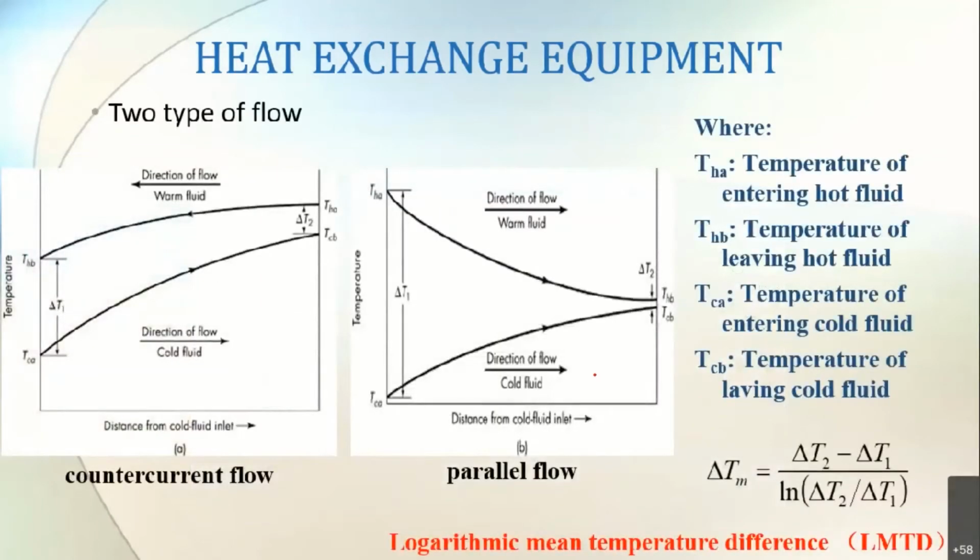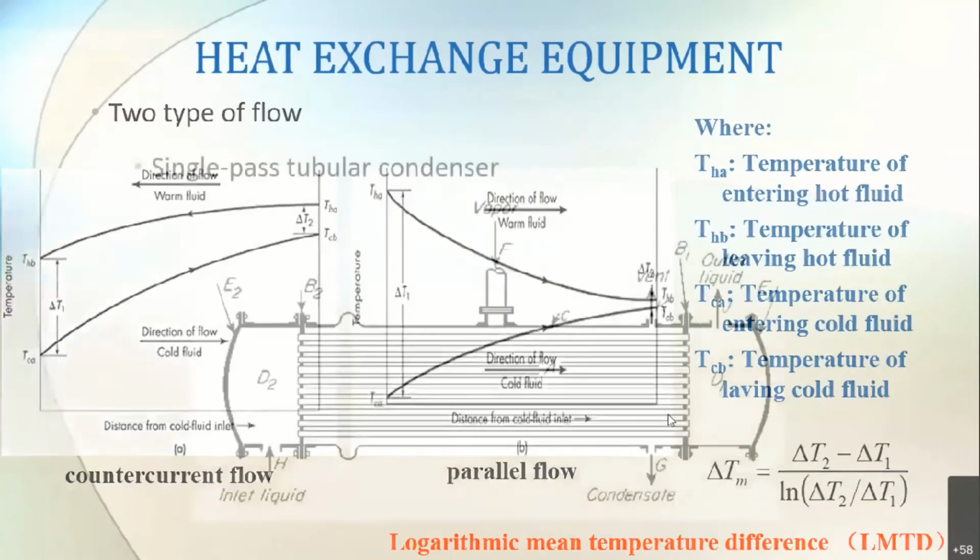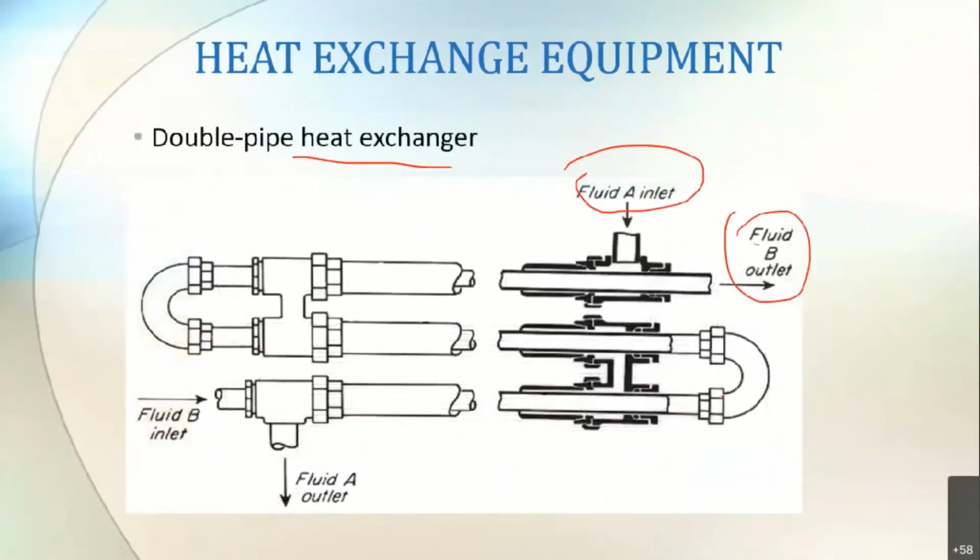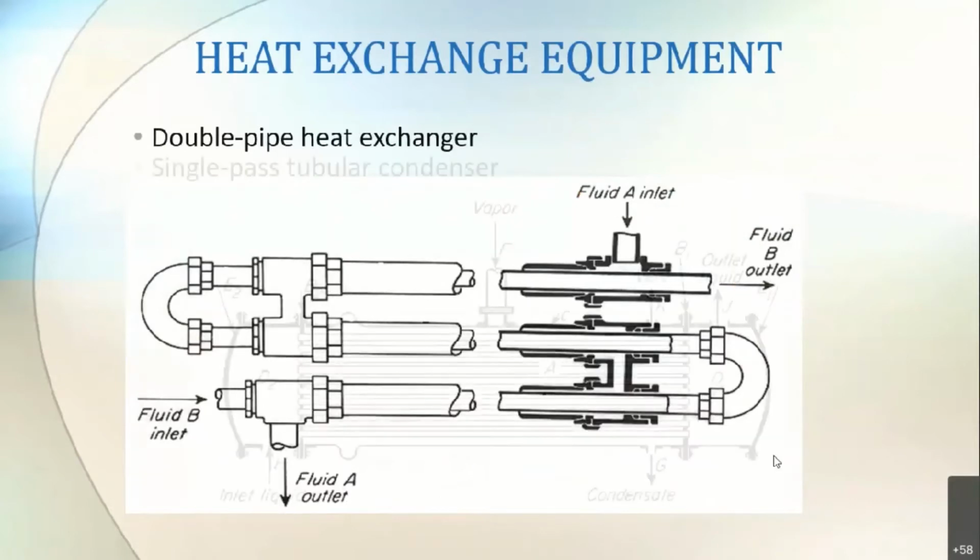And then I'm just going to go through this because all these things you will be learning with Dr. Halina. So in a heat exchanger, we can have two types of flow. The first one is counter current flow. The second one is parallel flow. So counter current flow means that if you look at this figure or this figure, you will have either fluids going in the same direction or fluids going in different directions.